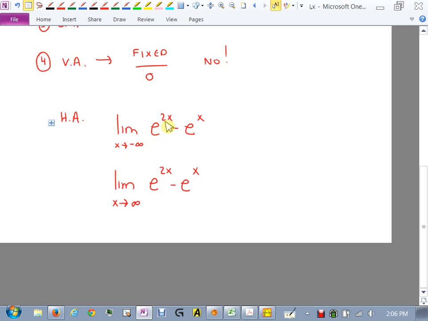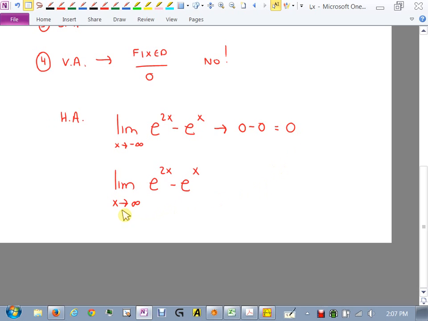What does the exponential function do as I head to the left? It goes to 0, right? So e to the negative infinity is headed to 0, minus e to the negative infinity again headed to 0. So this is headed to 0 minus 0, which is 0. So it's headed to 0 to the left.